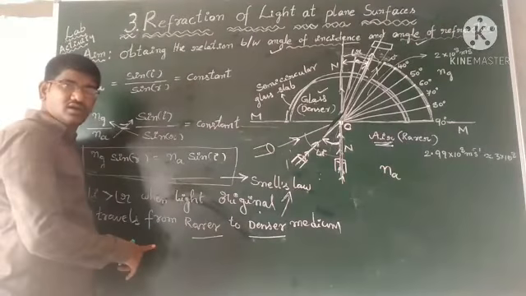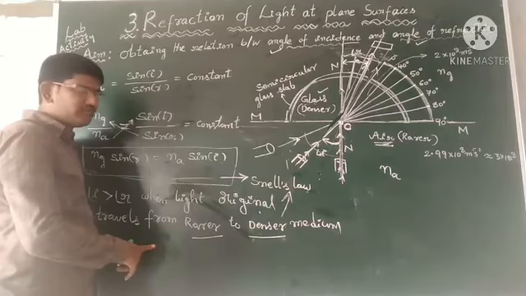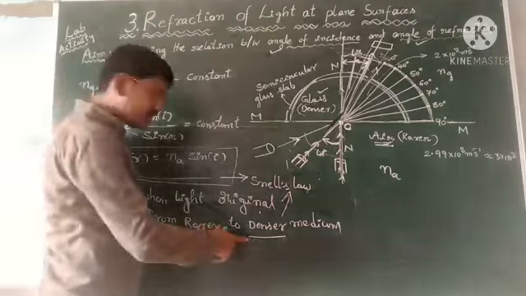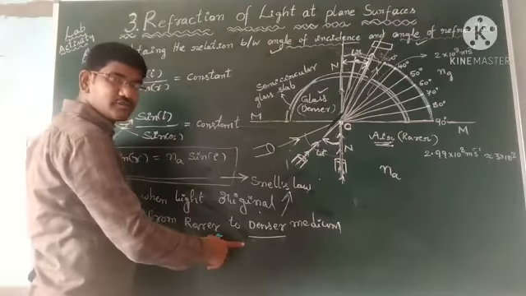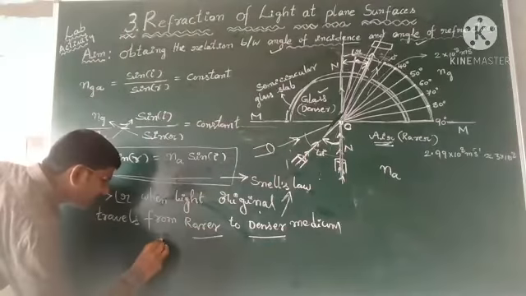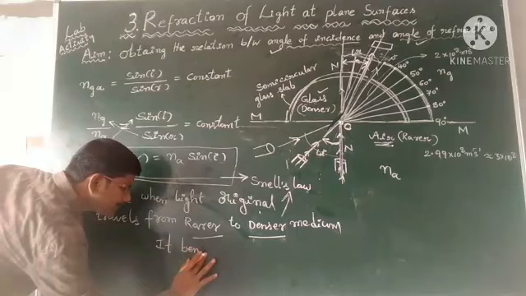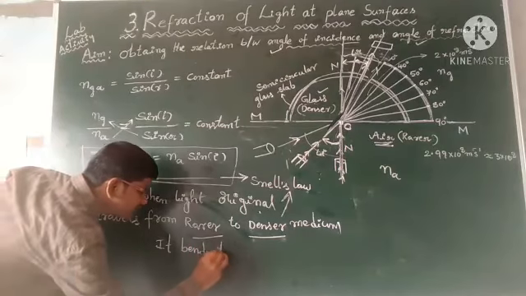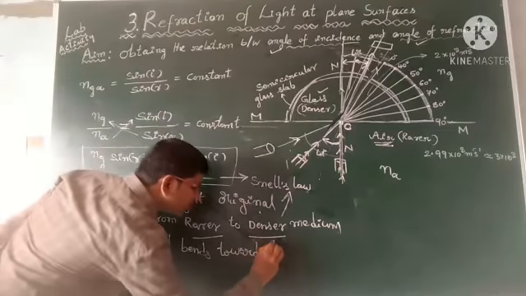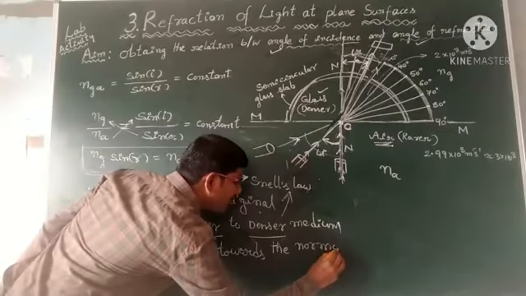You can also conclude that when a light ray travels from rarer to denser, it bends towards the normal.